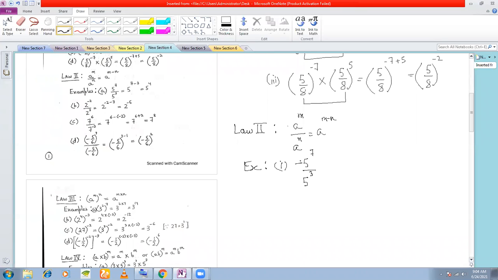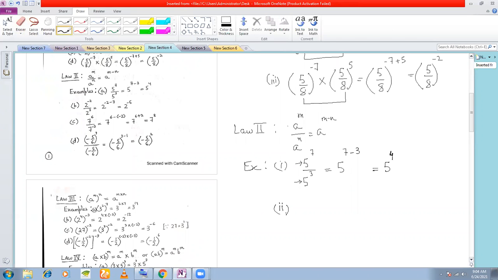See that the bases in the numerator and the denominator are the same. So I can take this base, take the power in the numerator, and subtract from it the power in the denominator. That means 7 minus 3. So this is 5 to the power of 4.